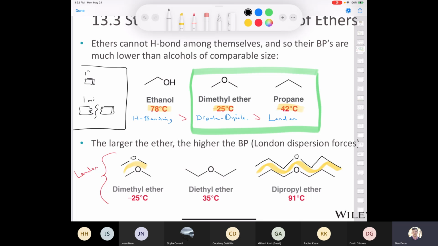Still the exact same forces. But would it take more of your energy to rip it apart? Heck yeah. You'd be tearing it, catch your breath and keep going. So think about it. It's the same forces, but there's just a lot more of them. And the more of them there is, the more energy it takes to separate those molecules from the liquid phase and put them into the gas phase.